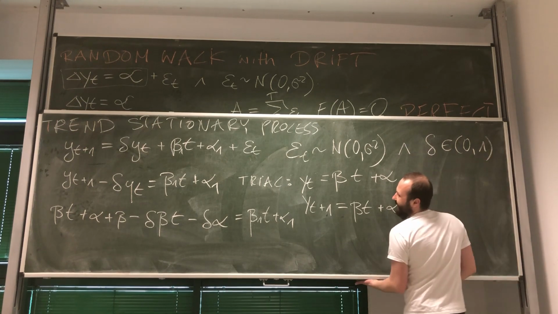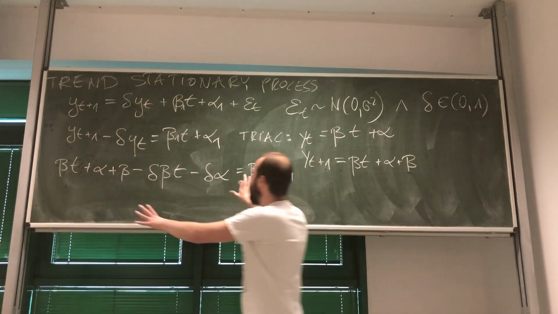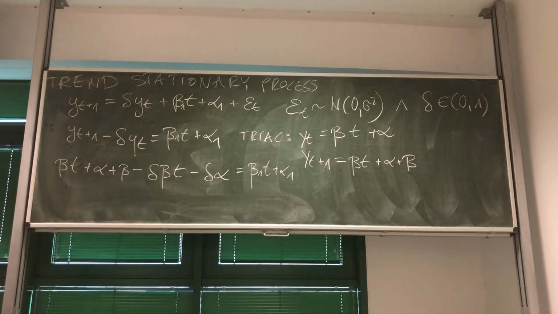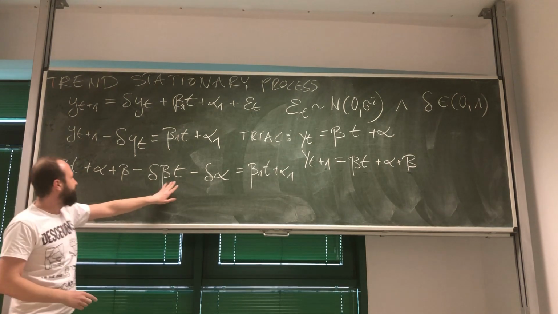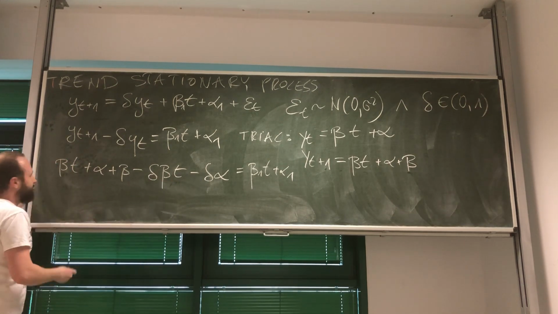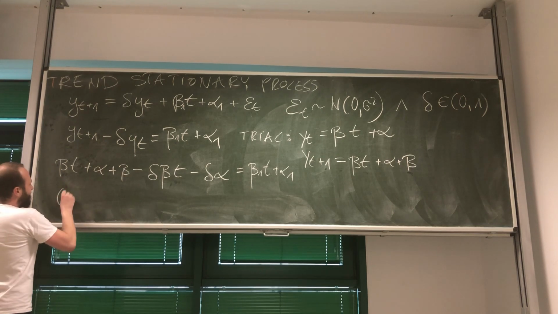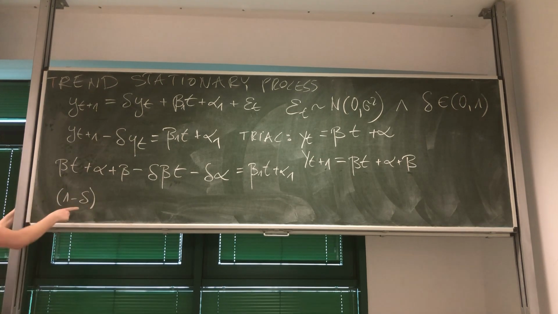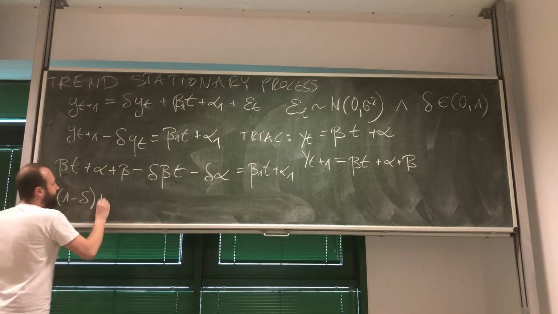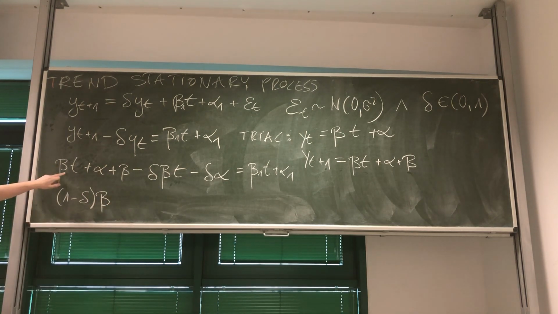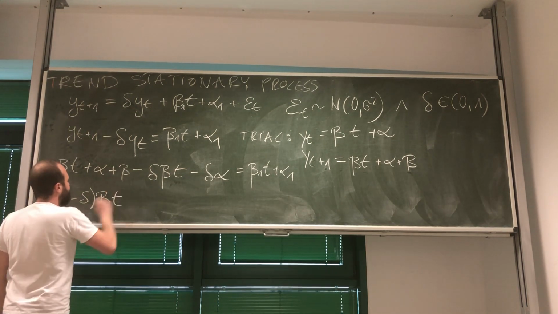Now look, we can easily organize all of these expressions. We see that there are two expressions with t, so we get that this is 1 minus delta times beta times t, right?